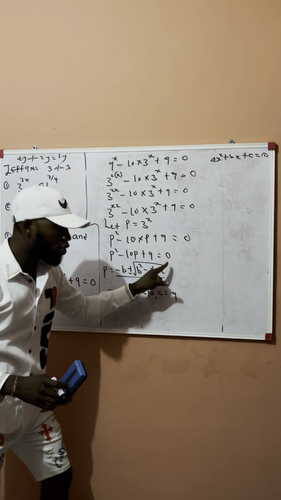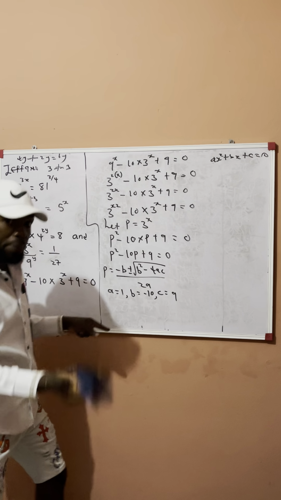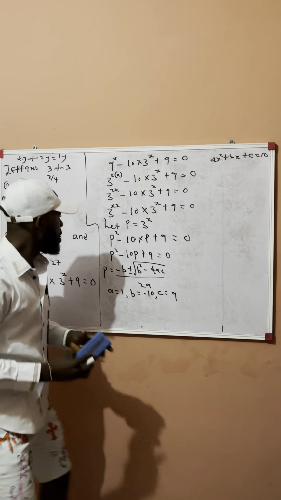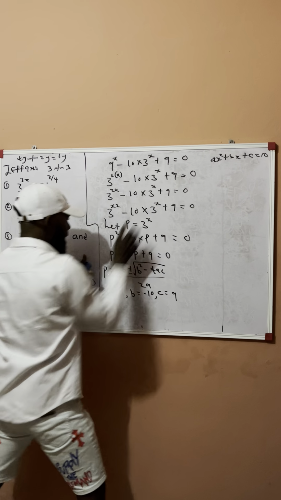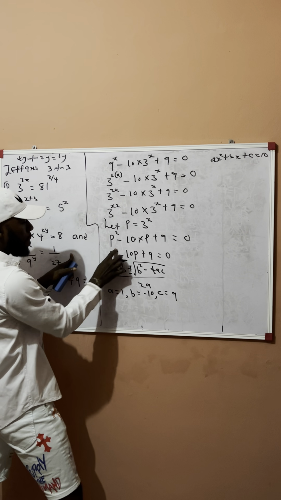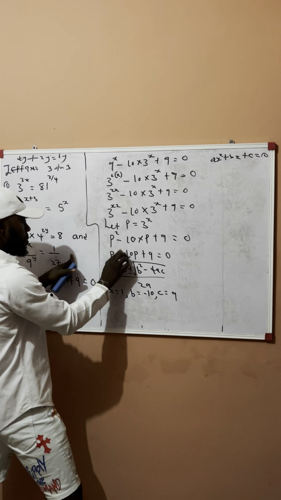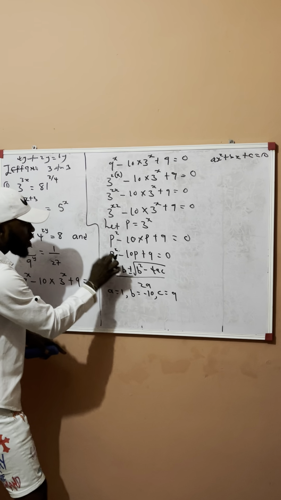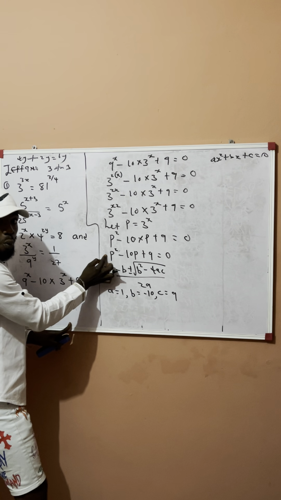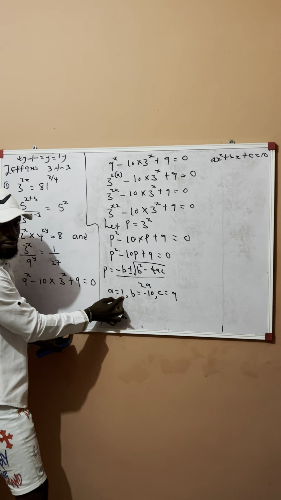Now, we don't have x squared here. We have p because we replaced with p. We did not replace with x. Now, it means my a in this math is anything that p squared is carrying. Now, what number is p squared carrying here? 1. That's my a. a is 1.